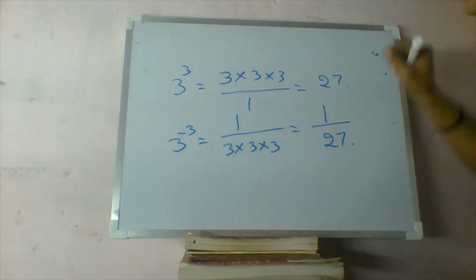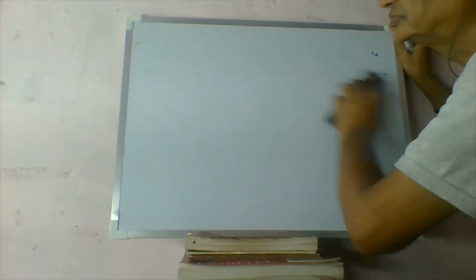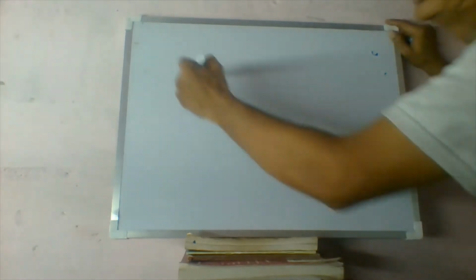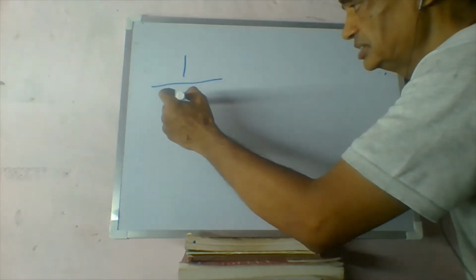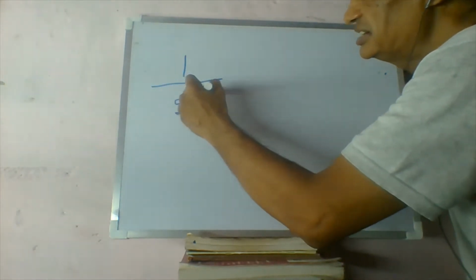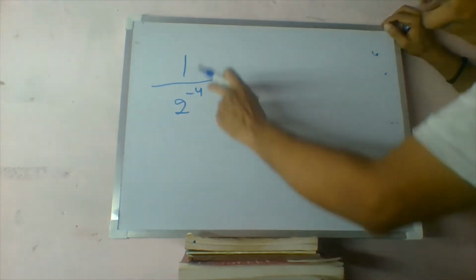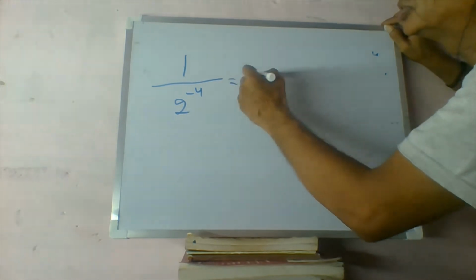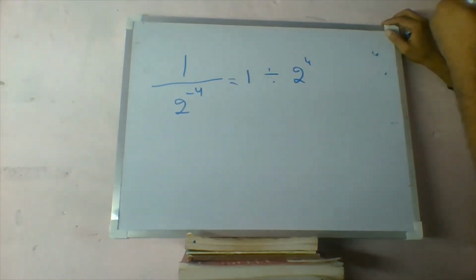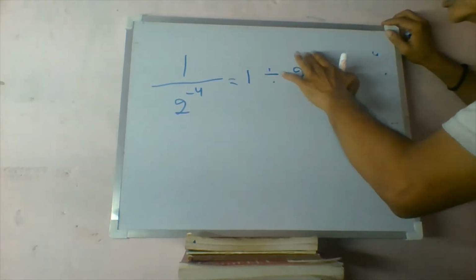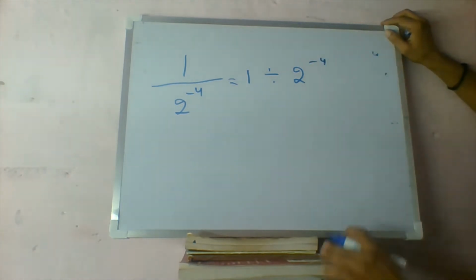Now one last situation. We can have negative power in denominator as well. So now what to do? This means 1 over 2 raised to minus 4.